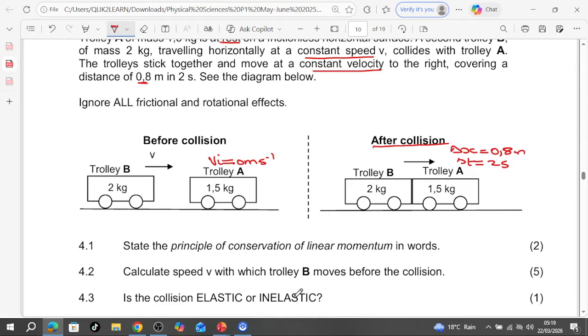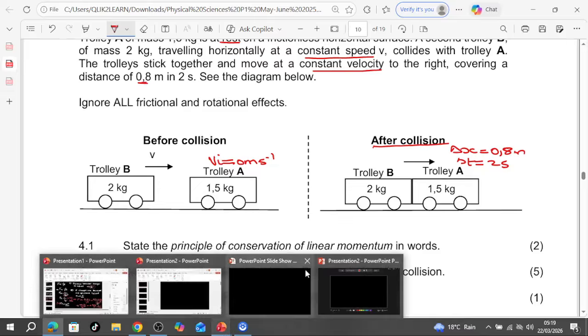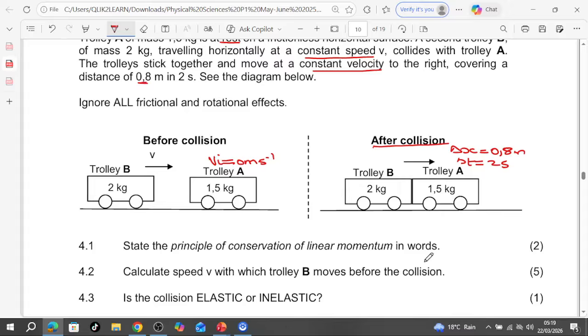First question, state the principle of conservation of linear momentum.